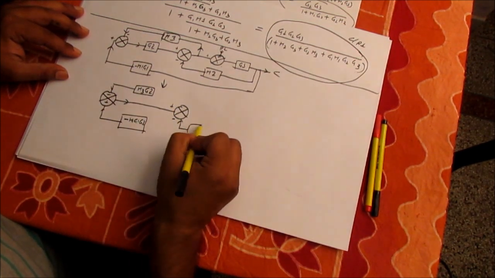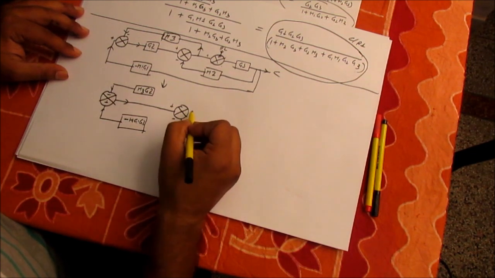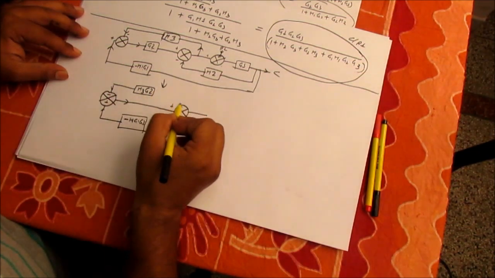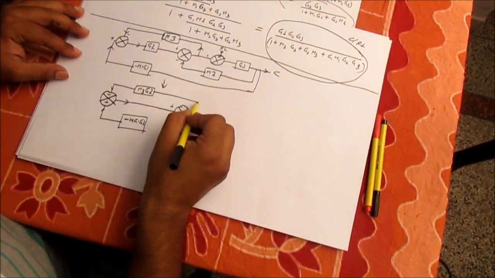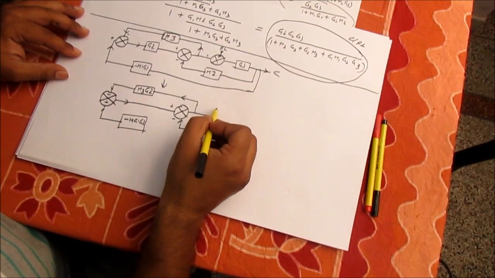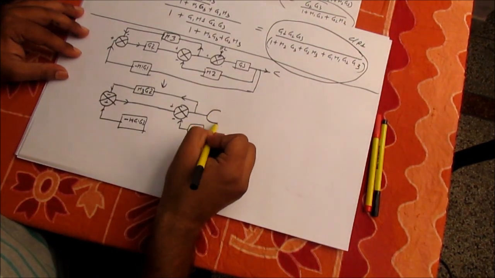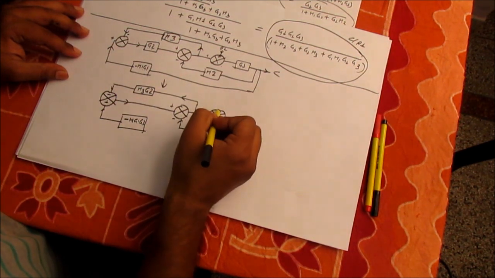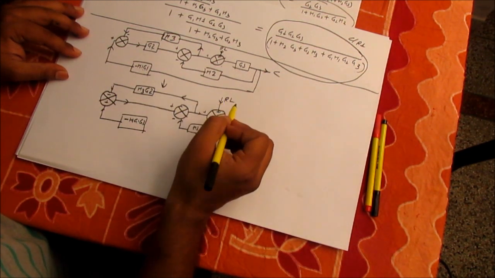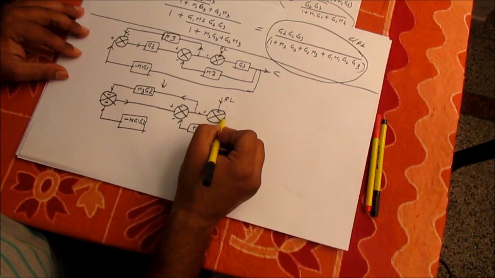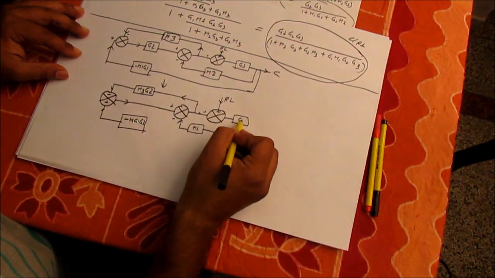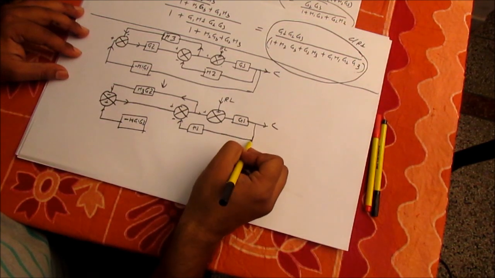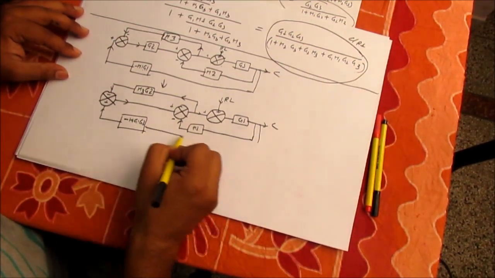This one is H2, and this S3 G2 is coming from this point, and I have here plus and this one is plus, and I have here R2, and here G3 C, and this one is H2, and this one is here.